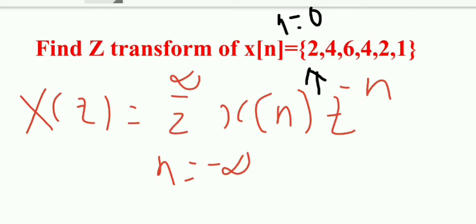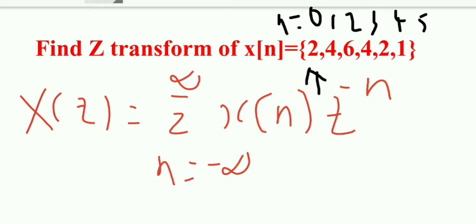Here all the samples 4, 6, 4, 2, 1 are on the right hand side of the arrow mark, so they represent positive n. So n is equal to 1 here, 2 here, 3 here, 4 here, 5 here. This you must remember.